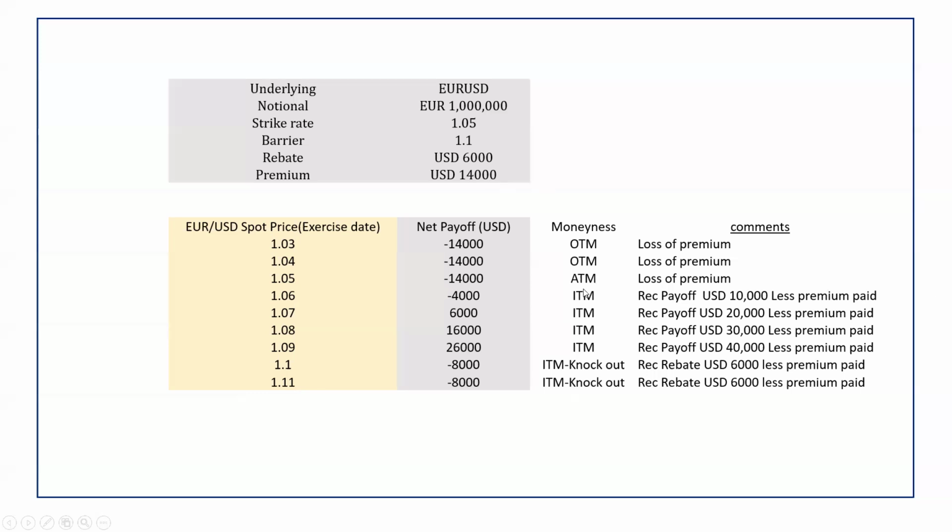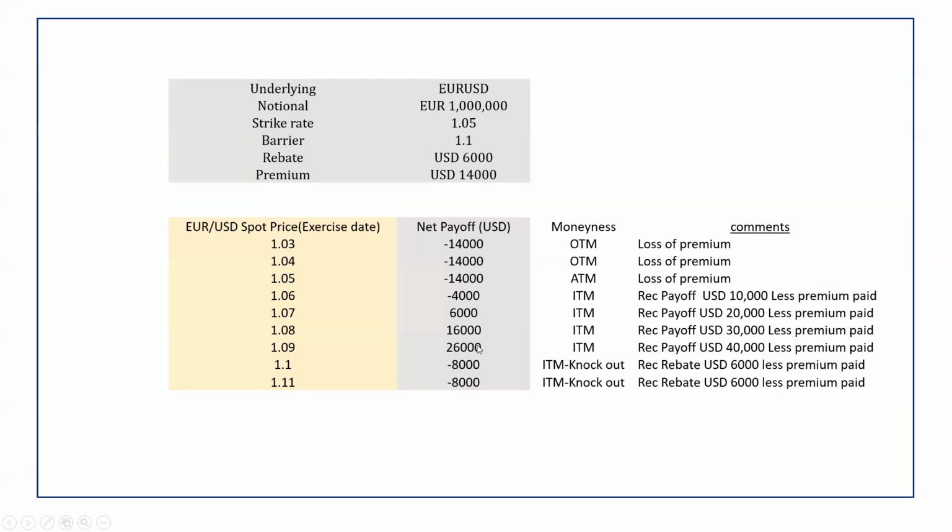Now, assuming it goes to 1.08, we are in a gain of 3 cents, which translates into $30,000. So $30,000 minus 14,000, we are in a gain of 16,000. Assuming it goes to 1.09, we receive 40,000, and the premium paid was 14,000, so we made a gain of 26,000.